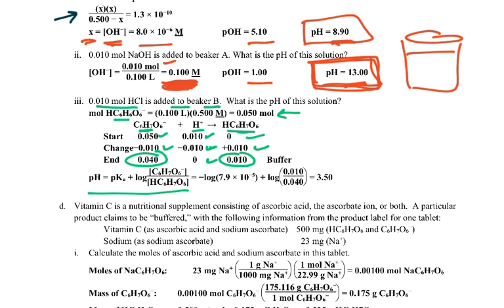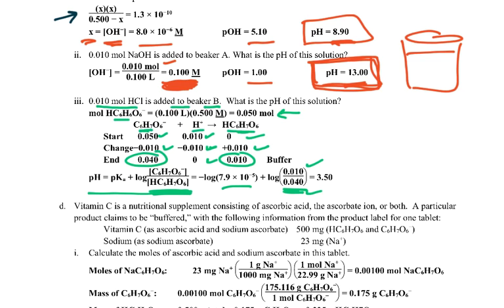Now we can go back and use the Henderson-Hasselbalch equation. pH equals pKa plus the log of the concentration of the ascorbate over ascorbic acid. But since these are together in the same solution, if you just use the ratio of the moles, that'll be just as good and save us a step. So we're going to use 0.01 over 0.04. Okay, there's a log of the Ka, 7.9 times 10 to the minus 5.